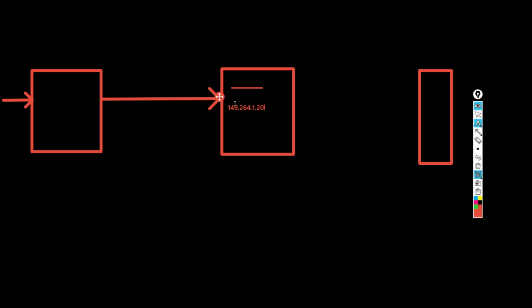This is a fake IP, just for an example. So the DNS finds that this website has this IP. Then the DNS sends the request to this IP, and the server receives the request.